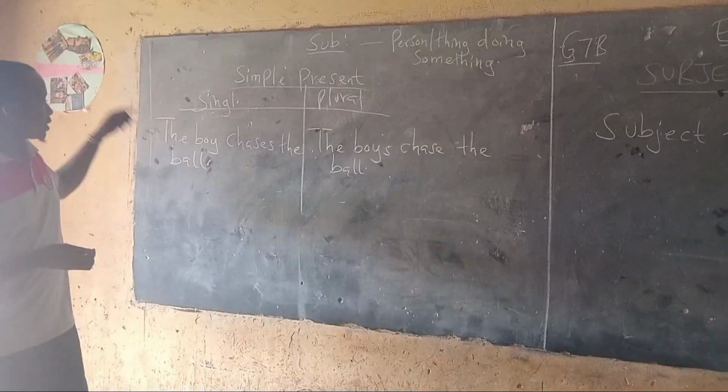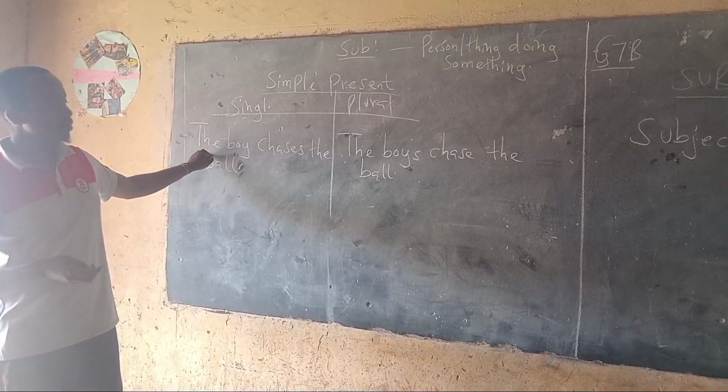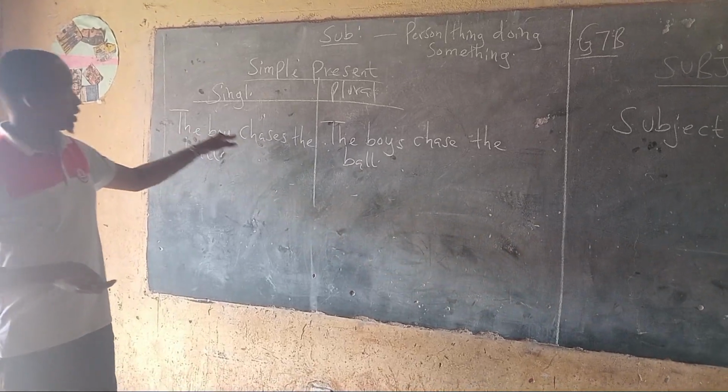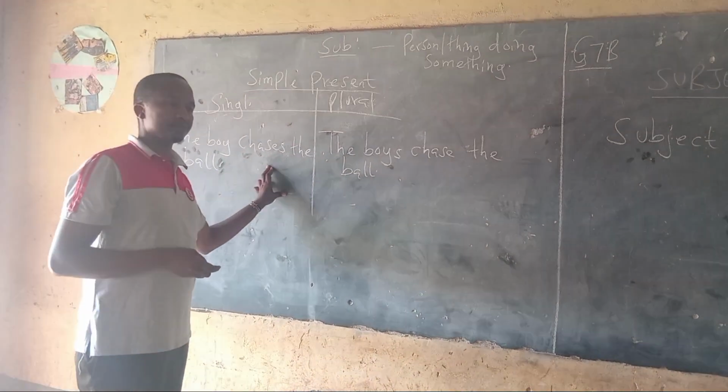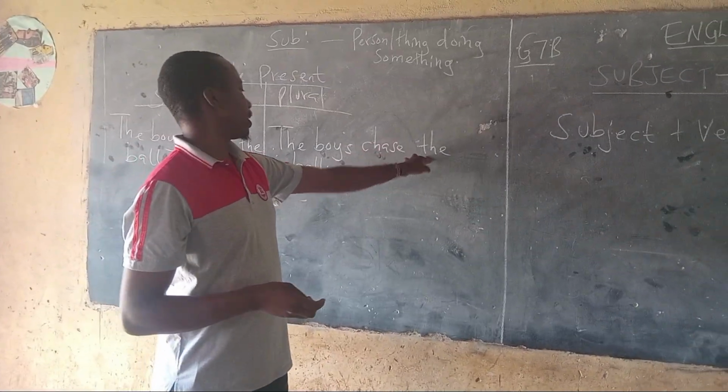So you say, for example, in this sentence, the subject is in singular form, so the verb should also be in singular form. So you say the boy chases the ball. In plural, the boys chase the ball.